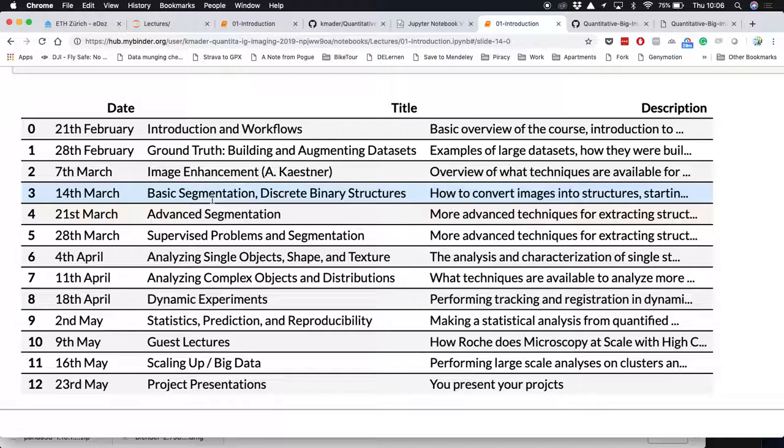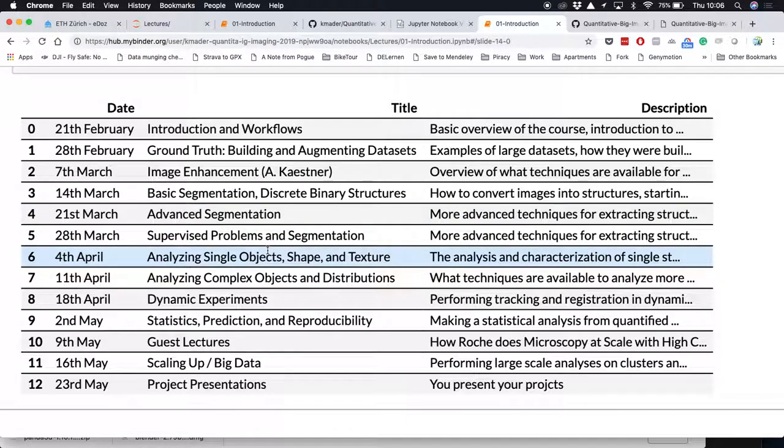We won't really cover any deep learning in this class, but we'll show how that works, and if you're interested, give you the tools to play around with it yourself. It's more about leading up to that and showing what the standard tools are, so you can at least be aware of what you can solve with deep learning, if that is a good fit for the kind of problem you're working on.